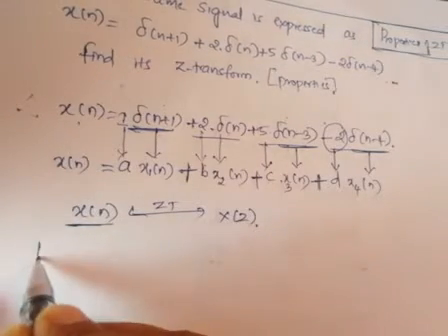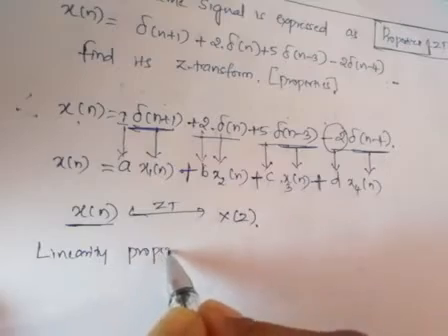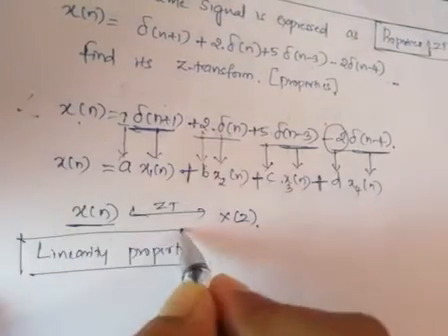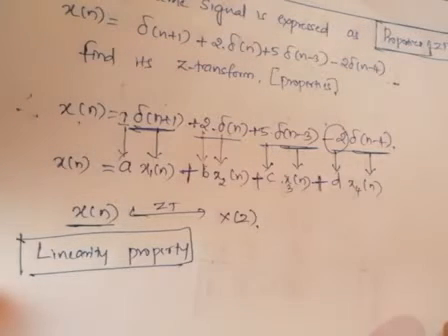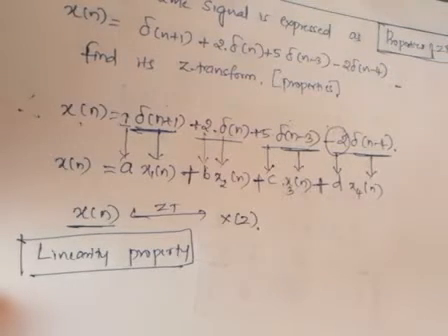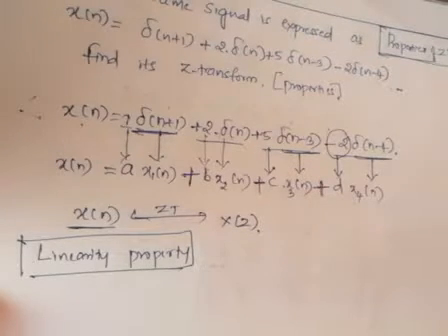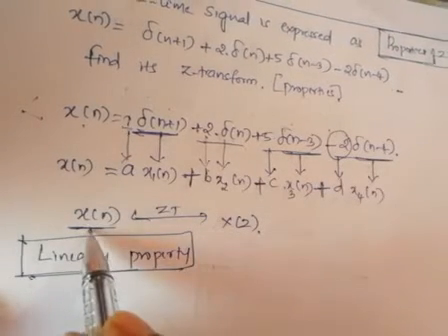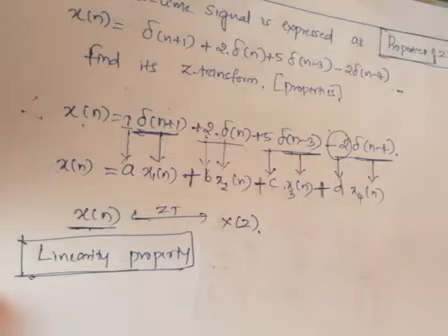We know as per the linearity property, if we express a signal as a linear combination of two or more signals, then its Z transform will be the addition or summation of their corresponding Z transforms.